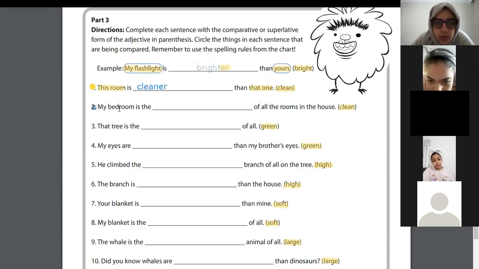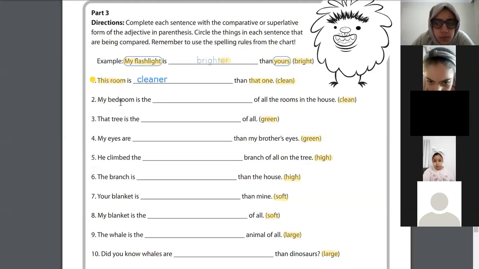And what's this letter? Room. Bedroom. Room. Bedroom.